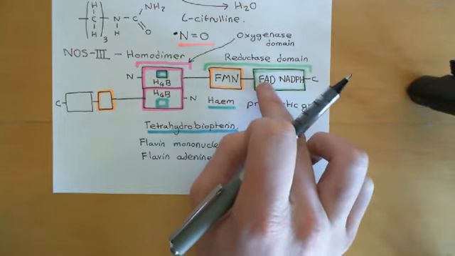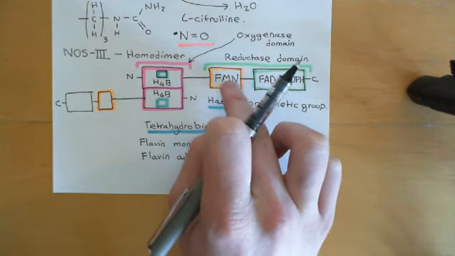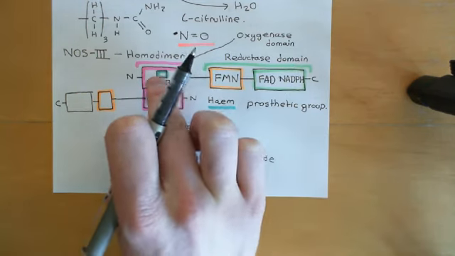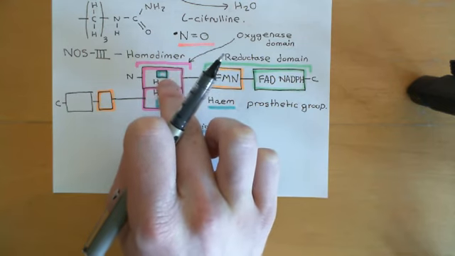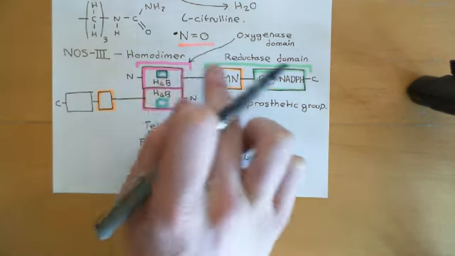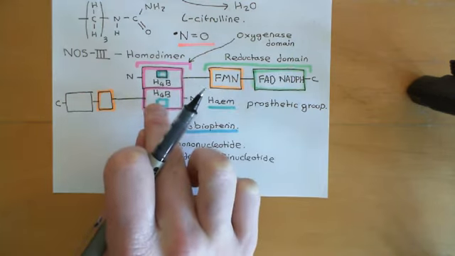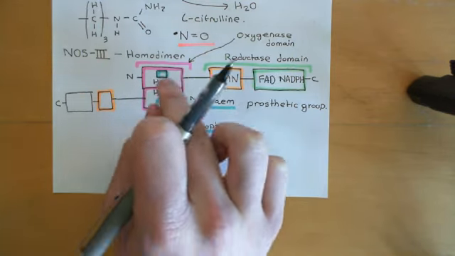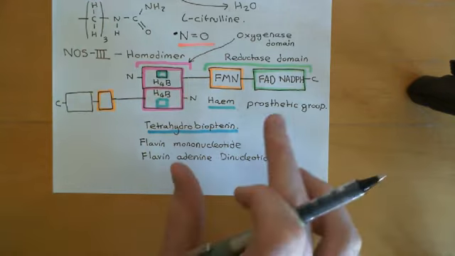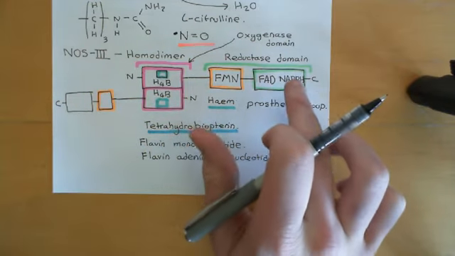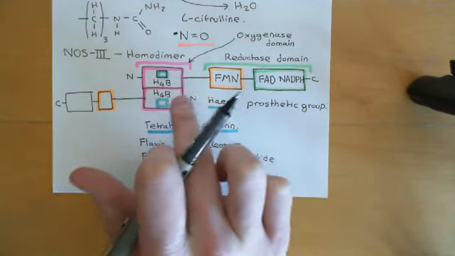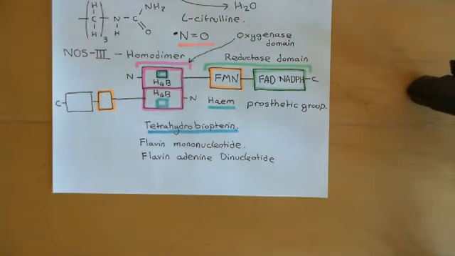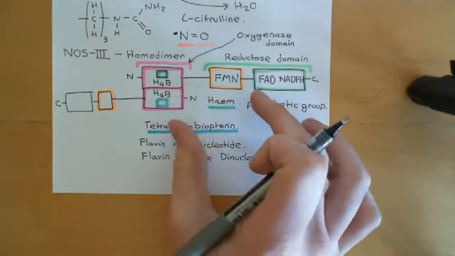The electrons go from the flavin adenine dinucleotide to the FMN, and then they don't go to the heme group on the oxygenase domain of the same NOS free protein here, but they go to the heme group of the opposite oxygenase domain, and then they'll be provided into the reaction. So this is an electron transport chain. Here's where you bind the input molecules, and then they're transferred along these other electron carriers that are bound to the enzyme. So this is the enzyme in the inactive state at the moment.